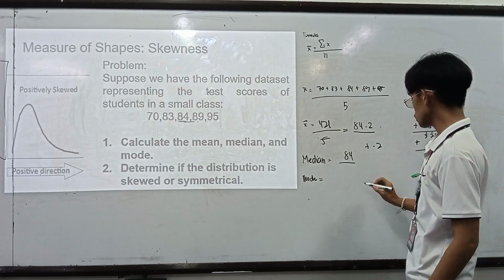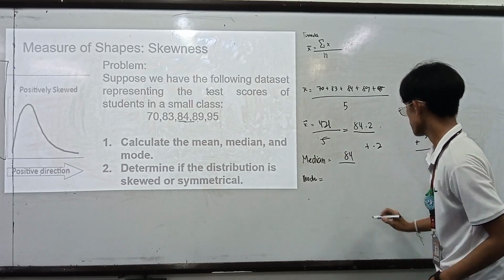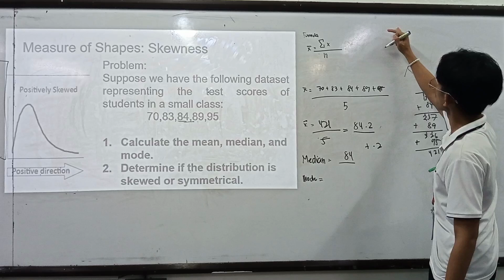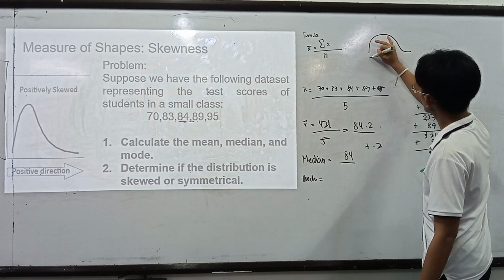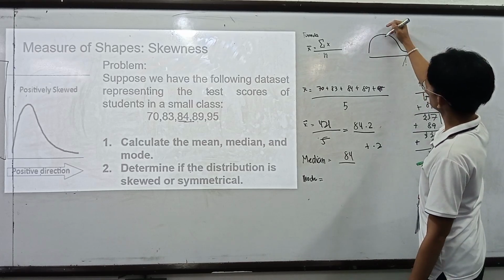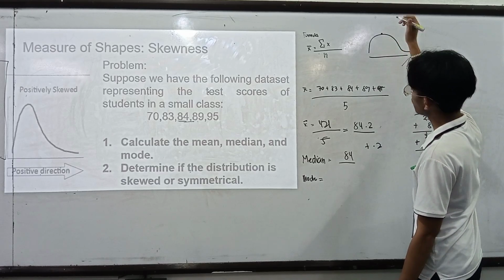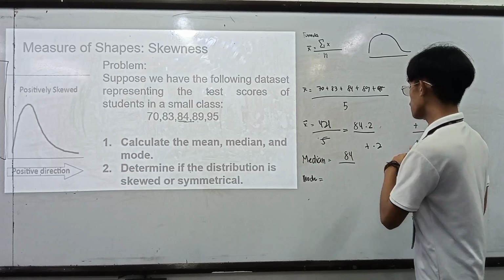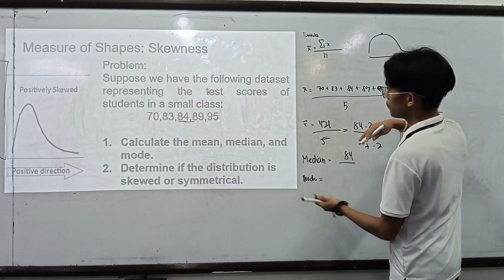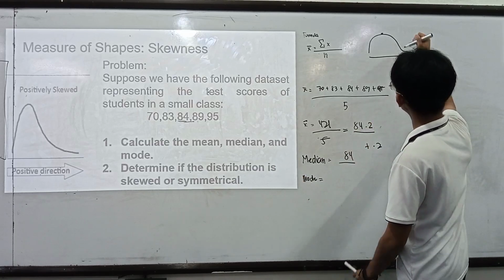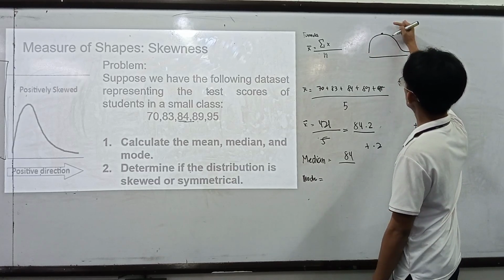So let's put it into a visual representation using the curve. So here, the mode. Let's put the mode here. But the mode would be the repeated value, but there are no repeating numbers, therefore there is no mode. But let's set that aside for a while.